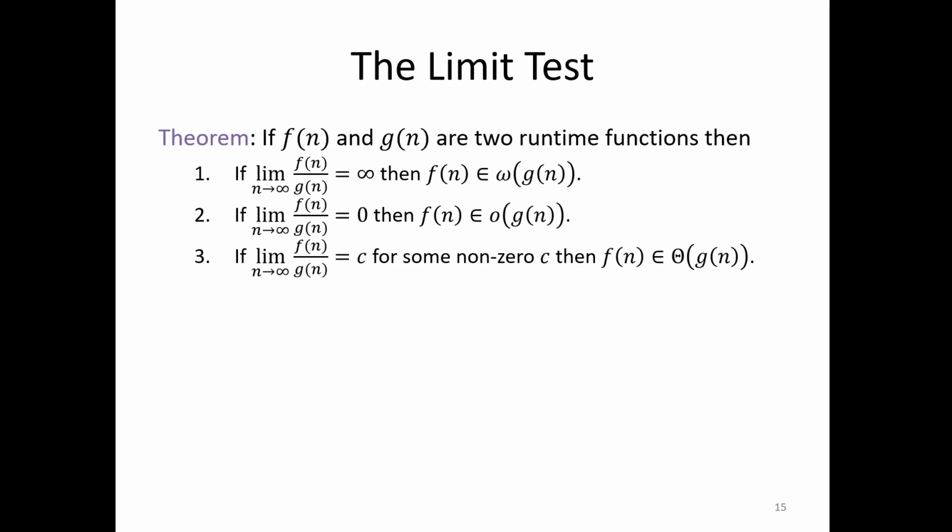So if we get 1, or a different constant, say 2 or 10, then we say these two functions grow at the same rate, and that's a theta relationship. Most often, that's what we're looking for when we do the limit test. When we compute the limit of their ratio, we want it to be a non-zero constant, and that will get us in the theta category.